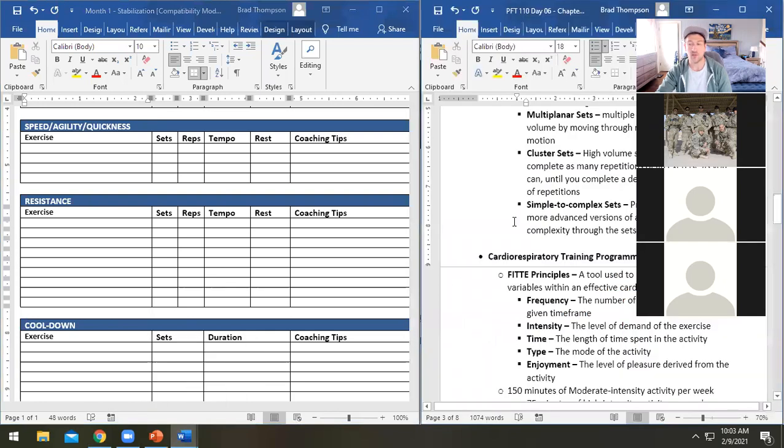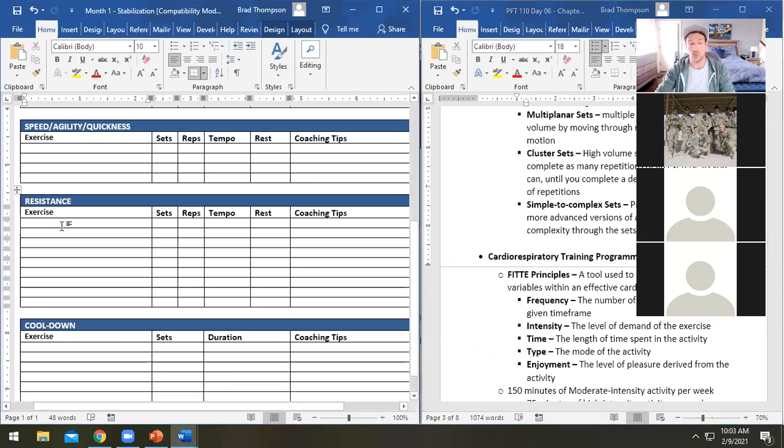So, if we were to write that in a NASM style, which honestly doesn't fit very well in our OPT model here, but we'll do the Murph, right? We'd say a 1 mile run, 100 pull-ups, push-ups, body weight squats, 1 mile run, right?